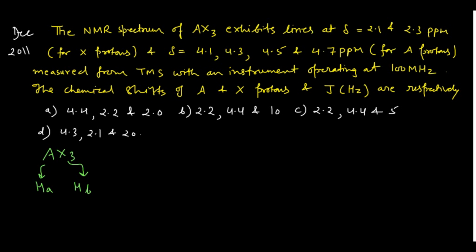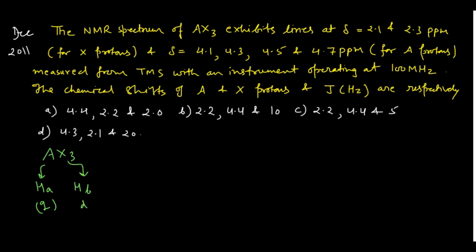Now if you apply the n plus 1 rule, for HA you will get a quartet, because in the neighbor you have three HBs, so 3 plus 1 is 4. For HB only one proton is there, so 1 plus 1 is 2, which gives a doublet. So you can write D here.